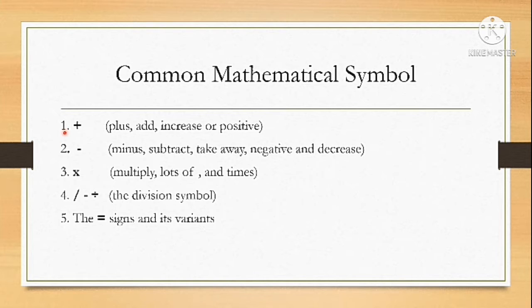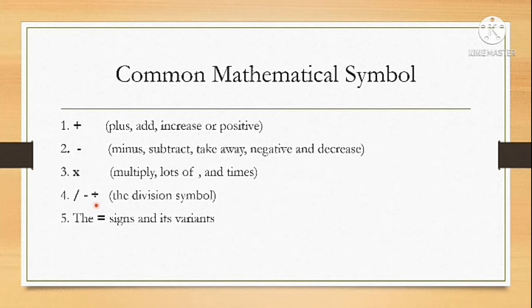The words associated with this symbol are plus, add, increase, or positive. These symbols are minus, subtract, take away, negative, and decrease. These symbols are multiply, lots of, and times.